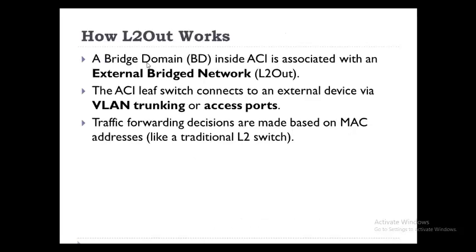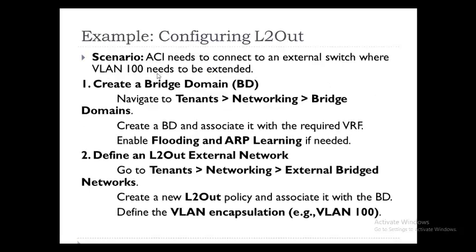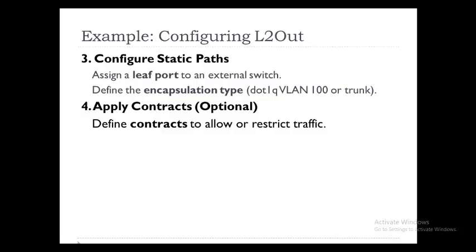Then configure static paths. Assign a leaf port to an external switch, meaning you connect a wire from the leaf port. Define the encapsulation type, like VLAN 100 or trunk. A contract may not be needed if it is intra-EPG.